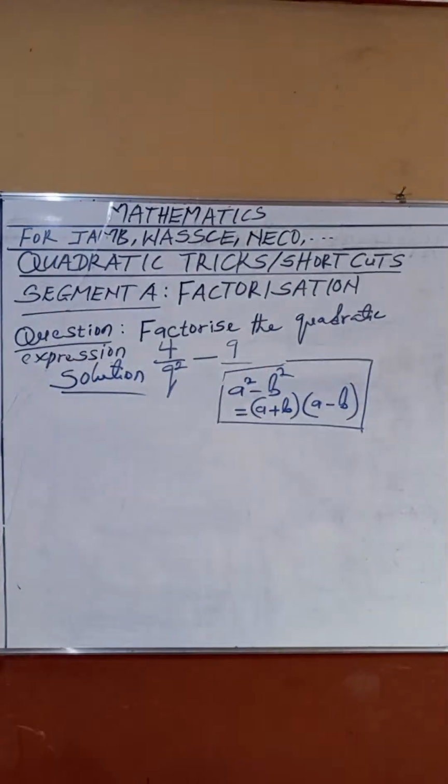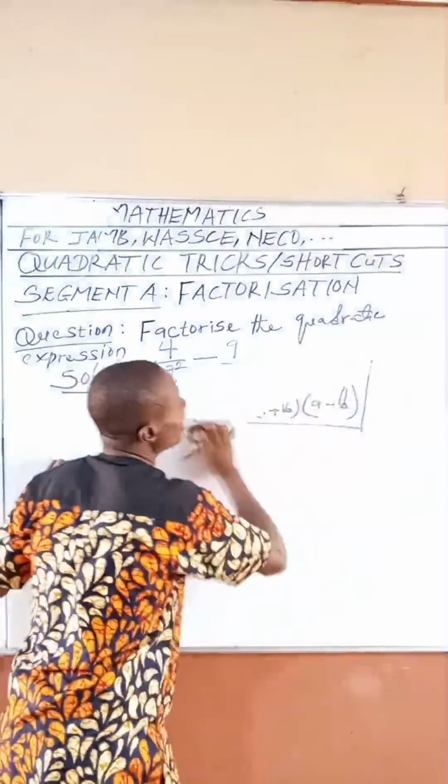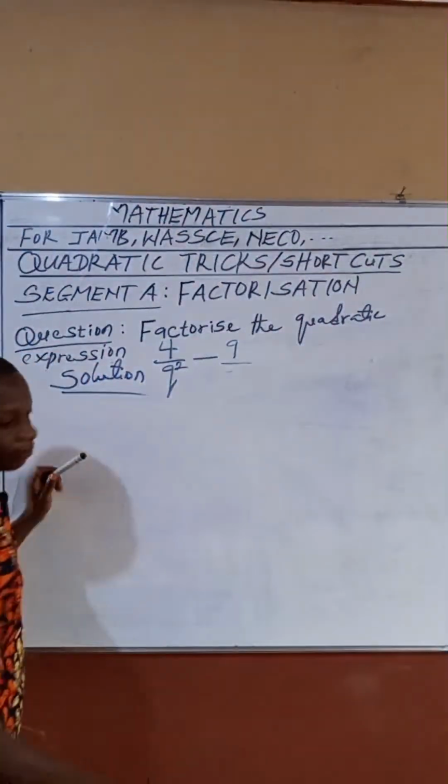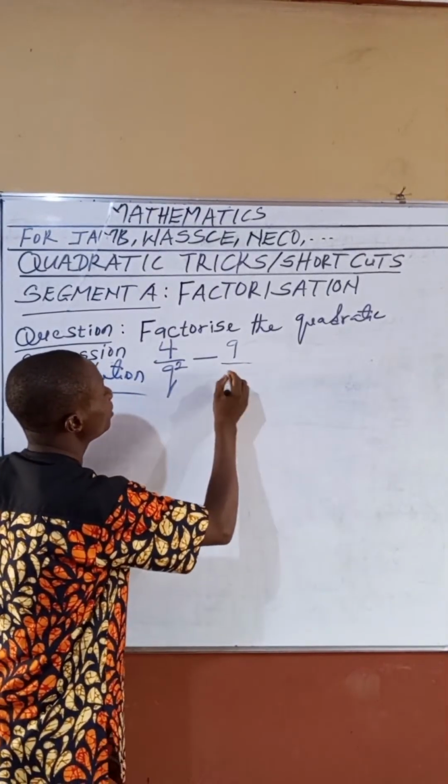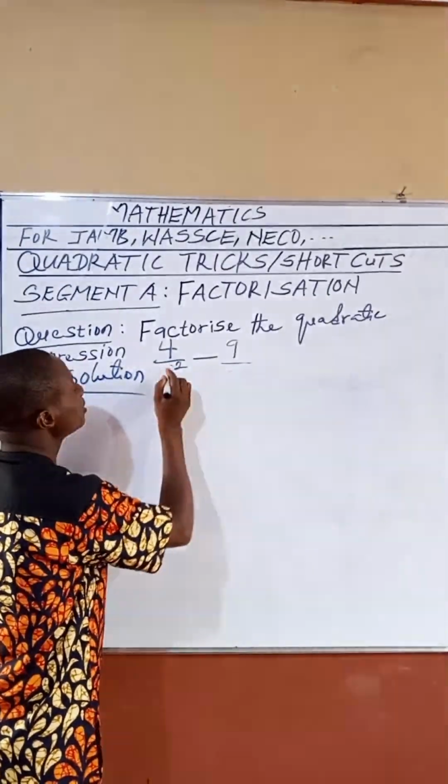Please let me just clean this because it's obstructing our work. Sorry for that. It has to go. Then over p. Okay, this is p square.